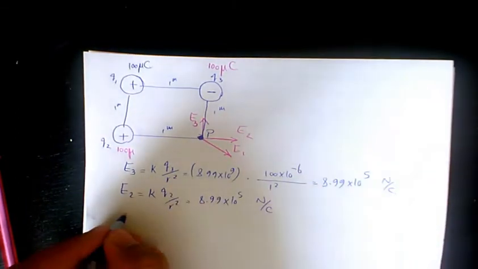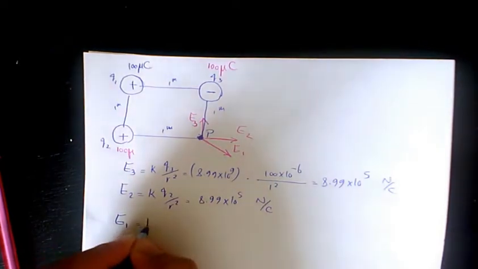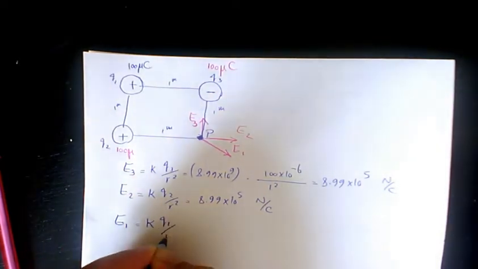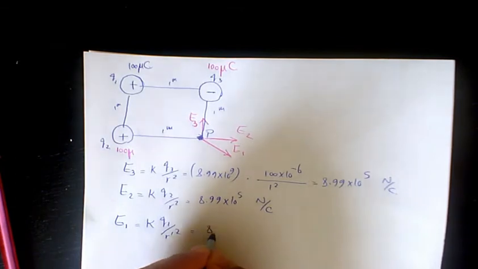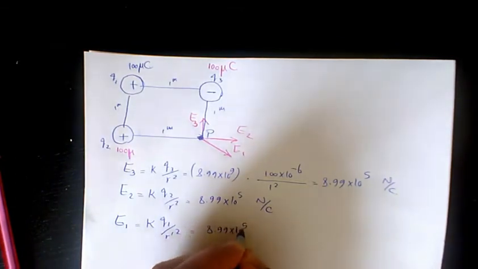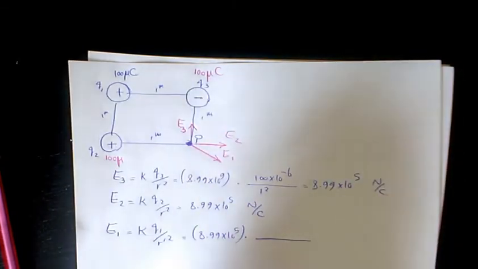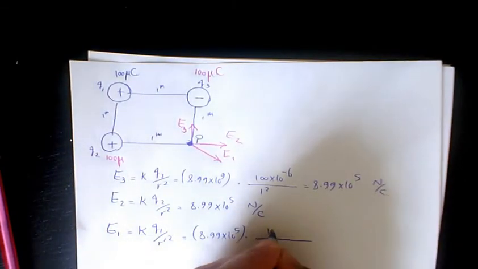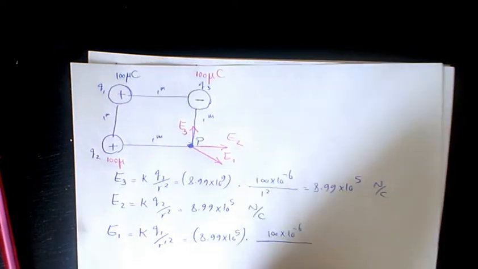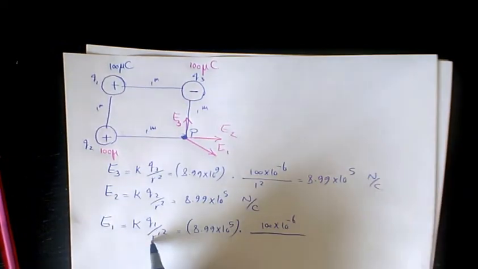And E1 is going to be K Q1 divided by R prime squared, which is 8.99 times 10 to the power of 9 times Q1, which is 100 times 10 to the power of negative 6, divided by R prime squared.